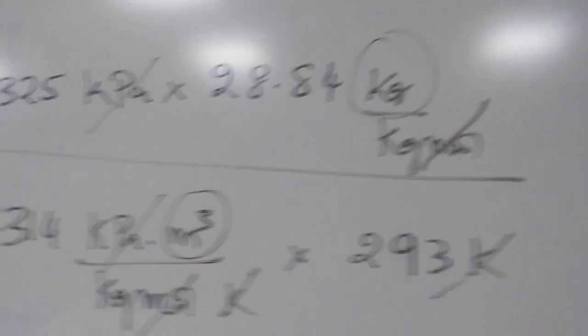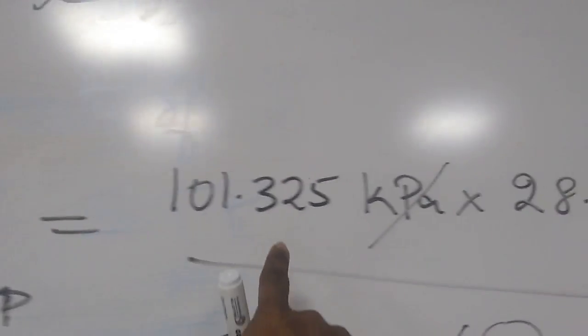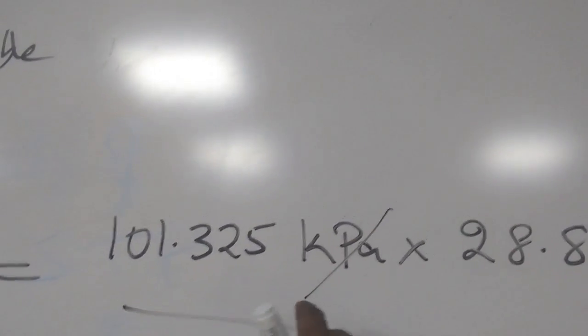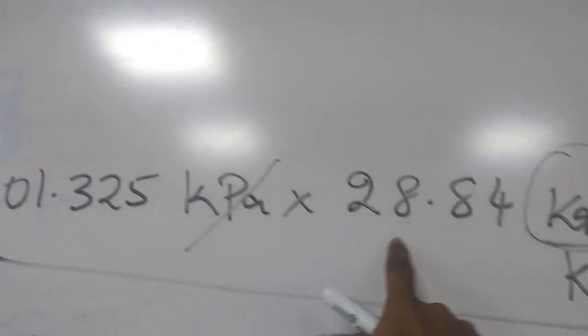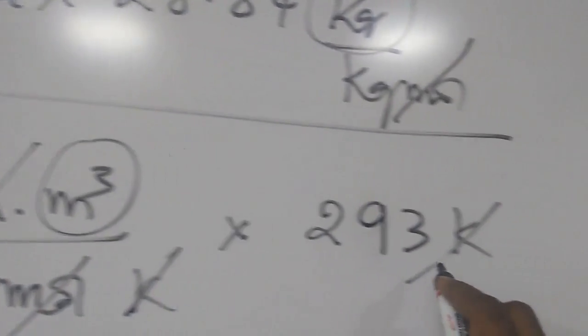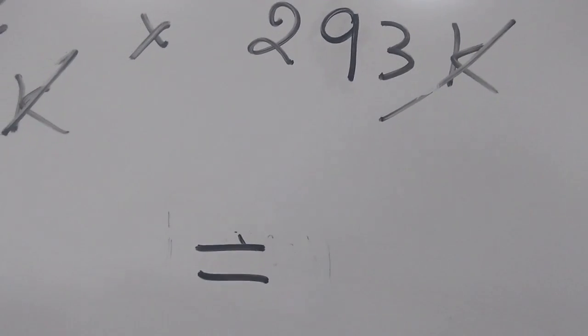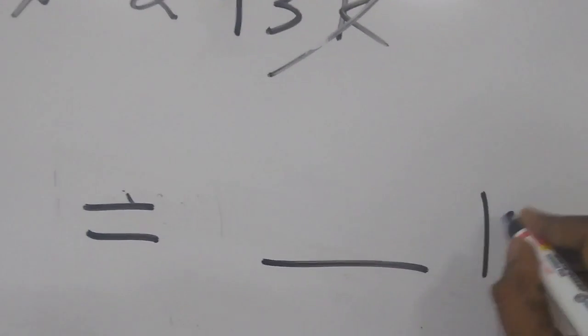So we will get density at NTP equal to, please use your calculator, 101.325 into 28.84 divided by 8.314 divided by 293. So you will get the density in terms of kg per meter cube.